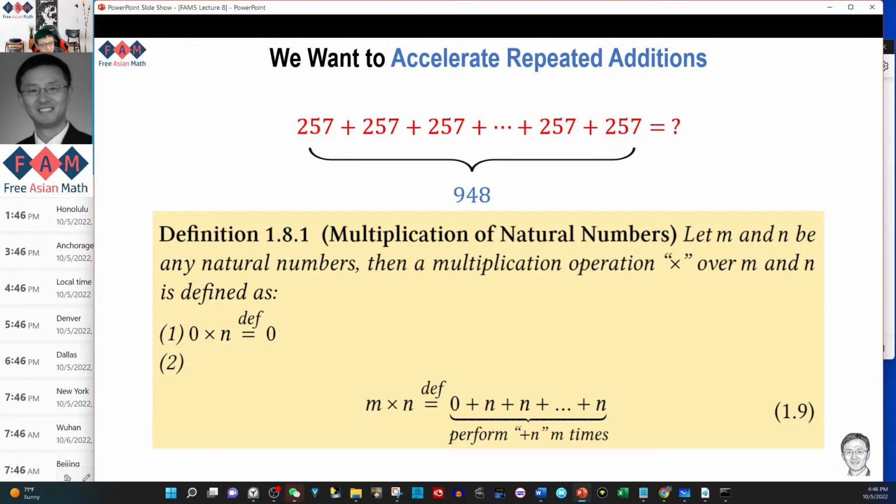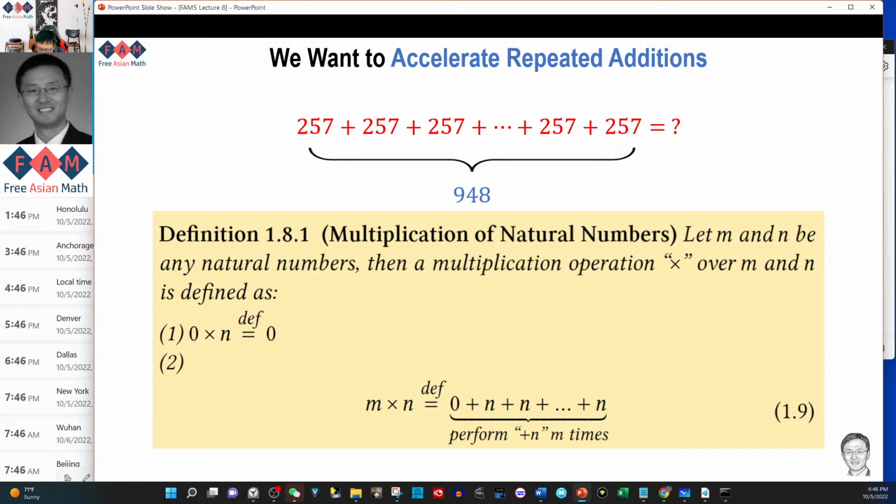Let's be very clear. You think that, oh, 0 times anything is 0, but why? Why? Because we define it to be, okay? And this definition really follows our common sense.